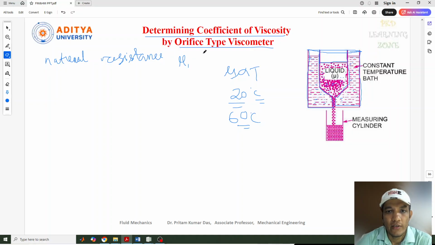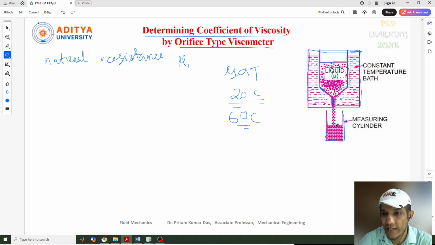So how is this orifice type viscometer actually measuring? As I told, there is a capillary tube. Through this capillary tube, the liquid flows downwards. The liquid which is present here is closed, and when you open this part, the liquid present in this chamber will come down, and at the bottom we have a measuring cylinder.